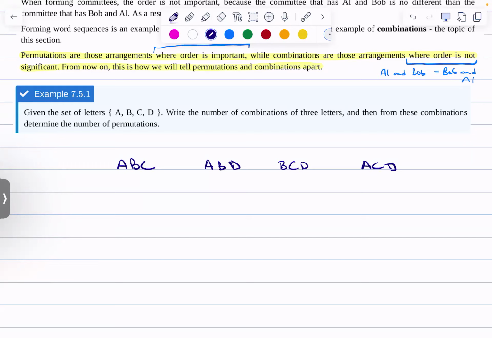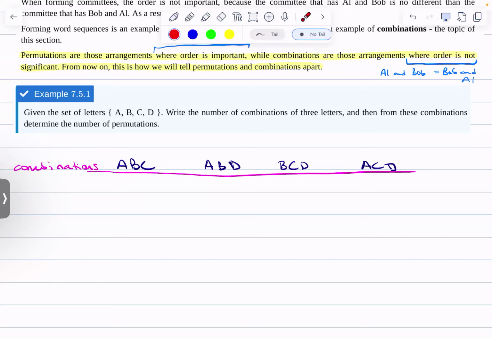This group, BCD, is the same as DCB, the same as DBC, the same as CBD. All of those would be lumped into this grouping, or this combination. So here, these are our combinations. We have 4 combinations of 3 letters.